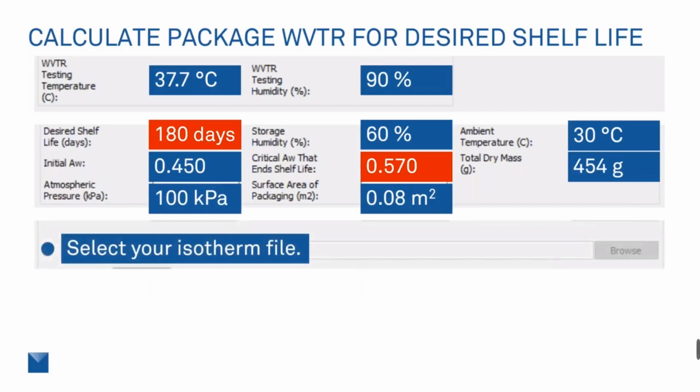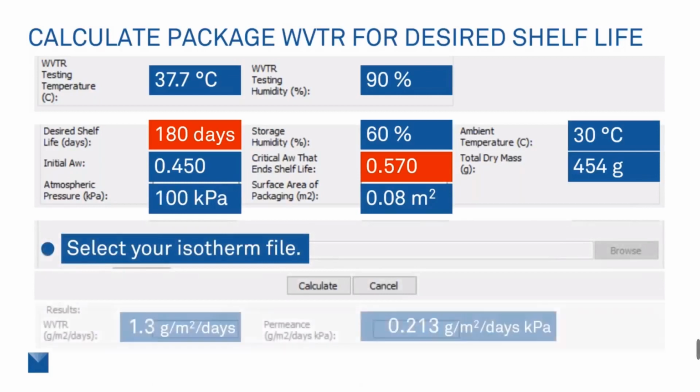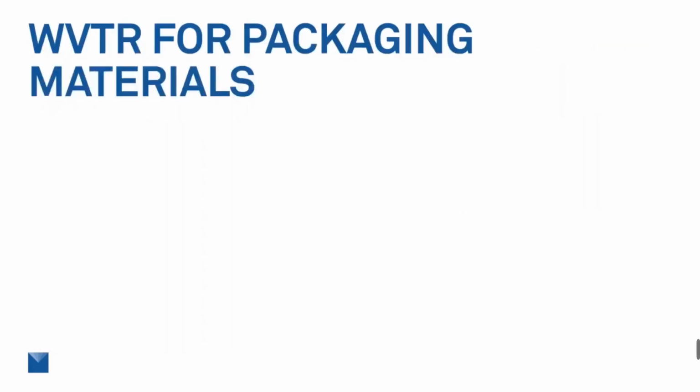Once again, you just use your previously saved isotherm file, navigate to the calculate button, and this is going to tell you the water vapor transmission rate that you need for that shelf life. So here our result is 1.3 grams per meter squared per day. So you could take this information to your packager and tell them that you need something with this WVTR to achieve your desired shelf life.